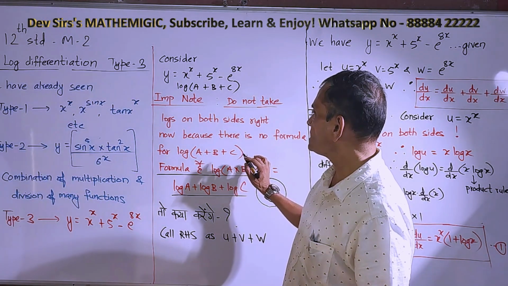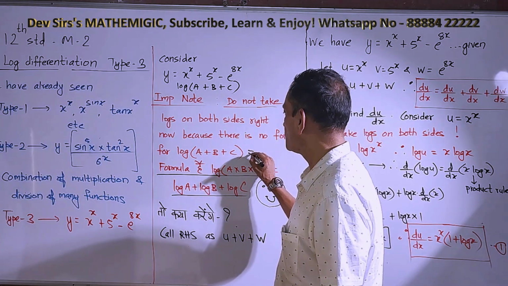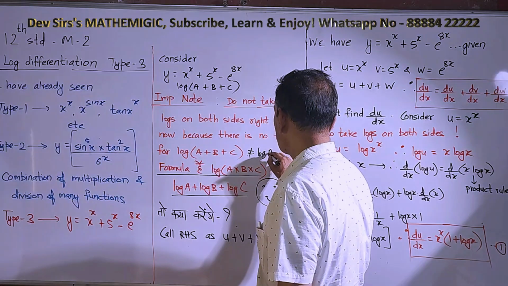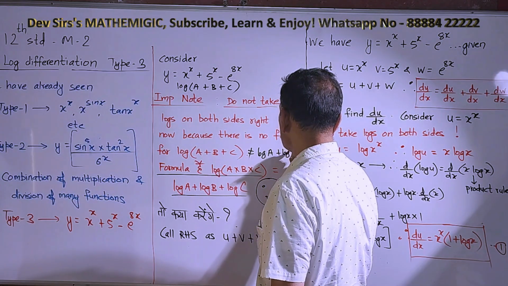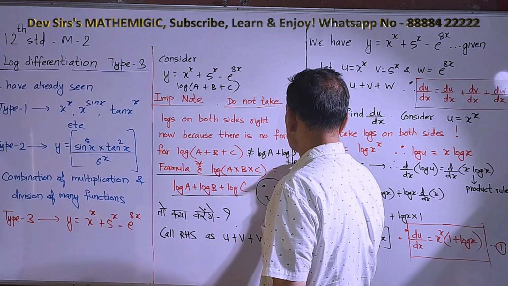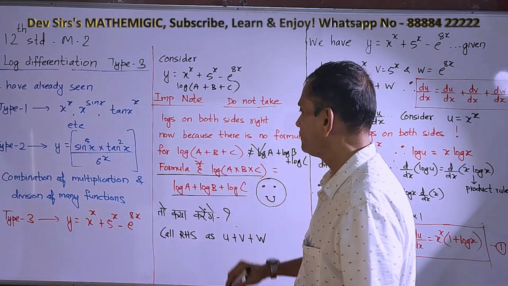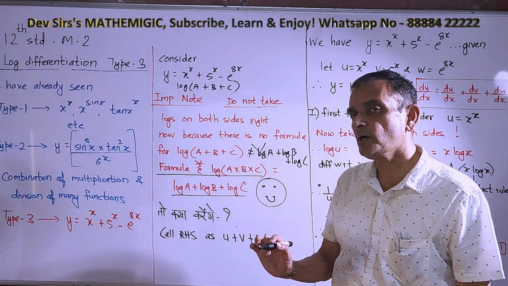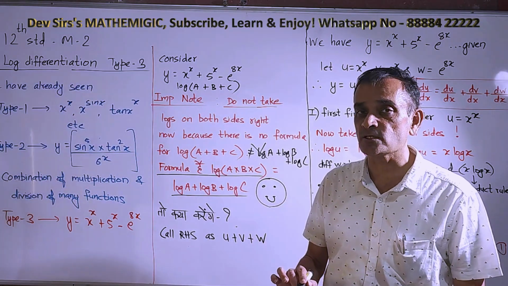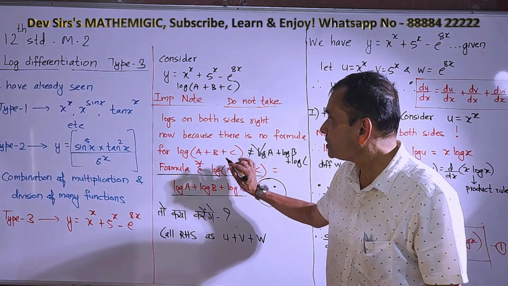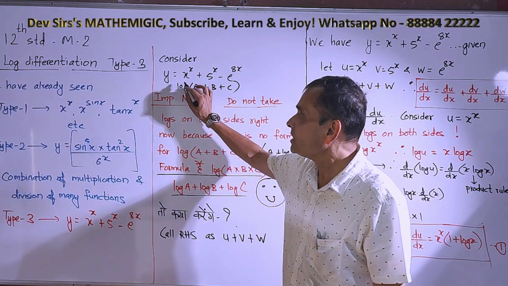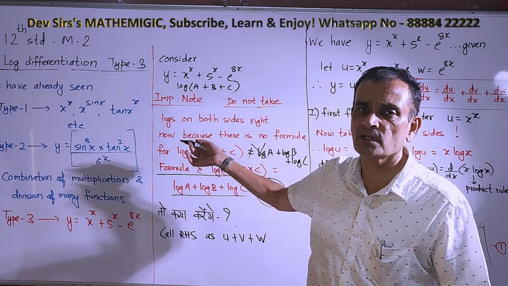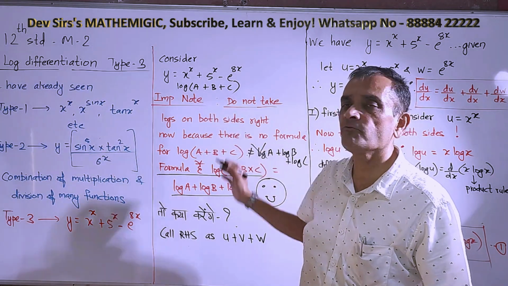Log of a plus b plus c is not equal to log a plus log b plus log c. ये गलत है. Most common mistake. I'll be pointing out and stressing out on where you can make mistakes also. So इसीलिए if I take log on the RHS, I cannot proceed further because there is no rule of log.